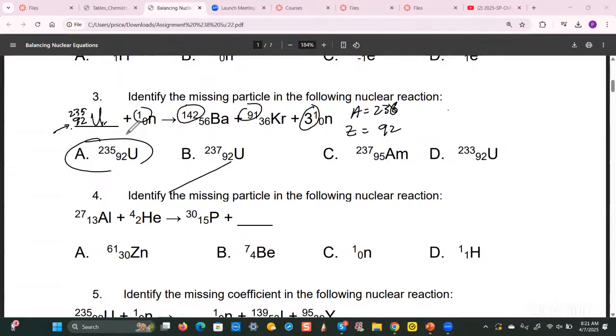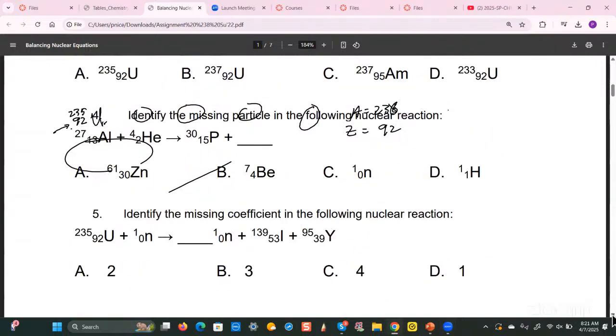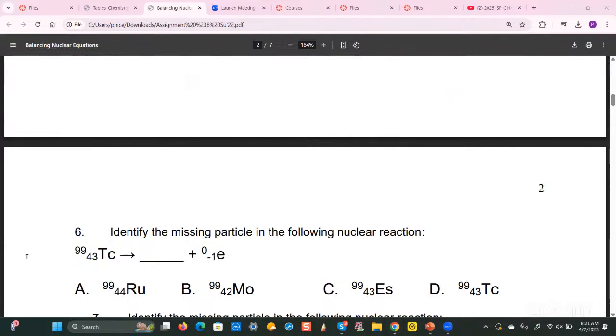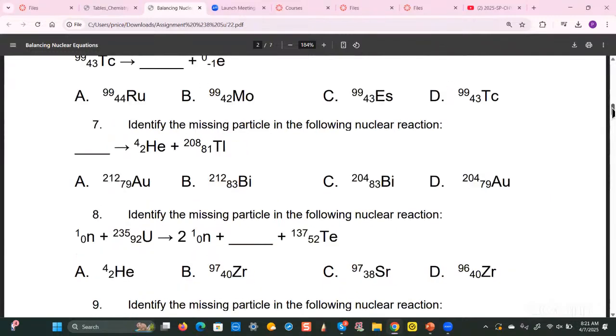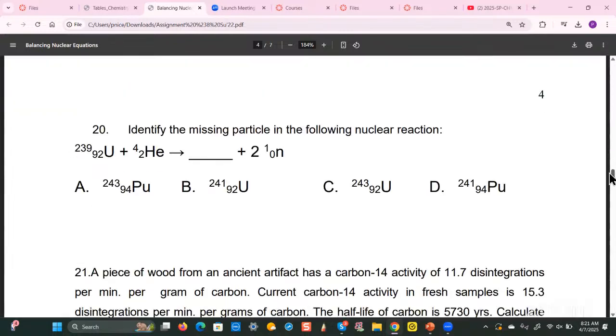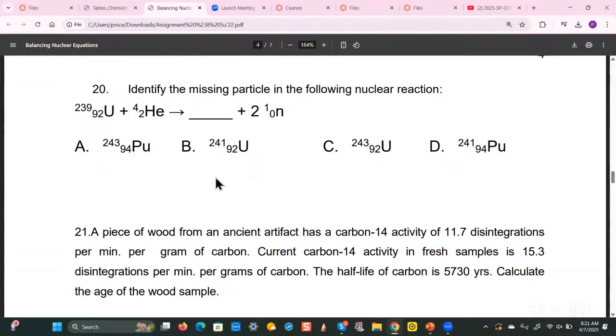Okay, so based on what we have just done, you should be able to do all questions up to and including number 20, right? So there are 20 such equations where you need to identify the missing particle in each case, and it's the same process.